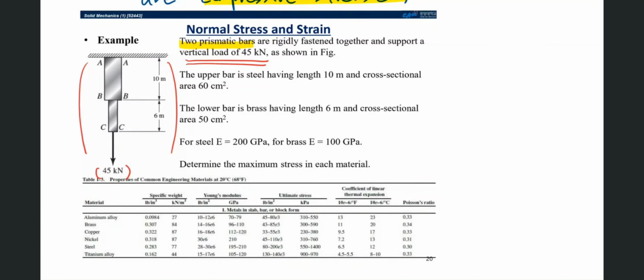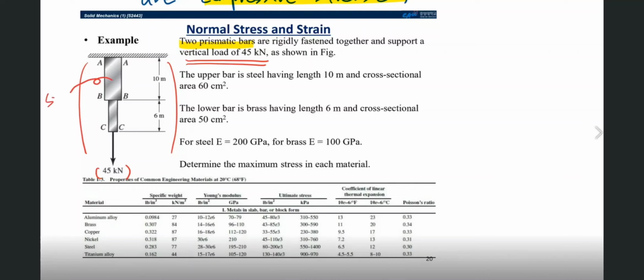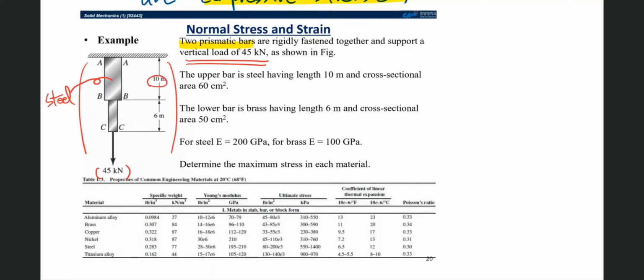The upper bar, which is steel, has length 10 meter and cross-sectional area 60 centimeters squared. The lower bar, which is brass, has length 6 meter and cross-sectional area 50 centimeters squared.